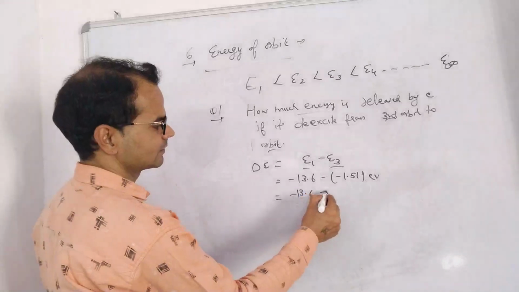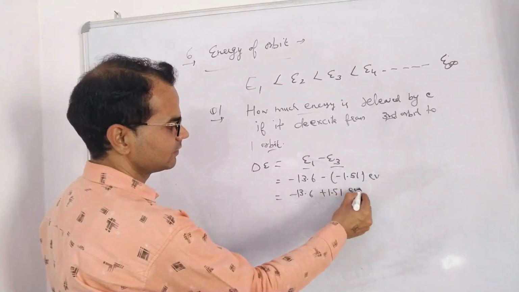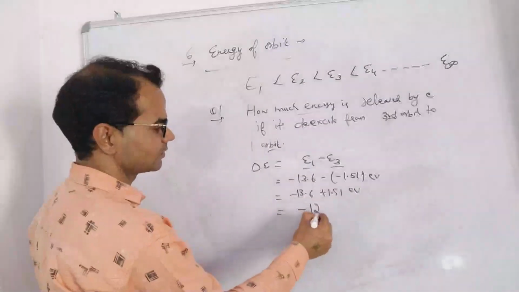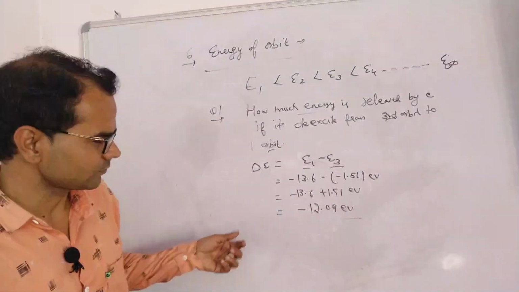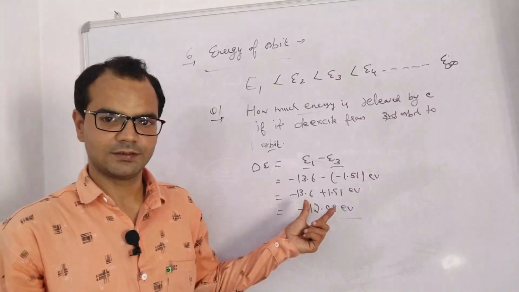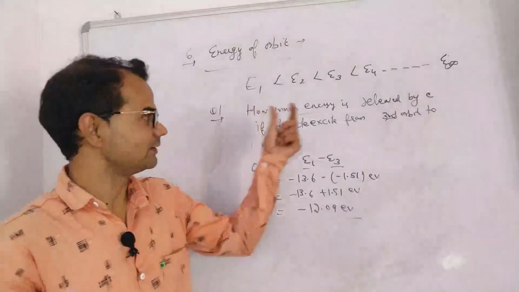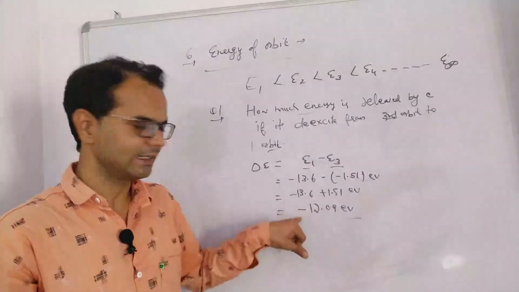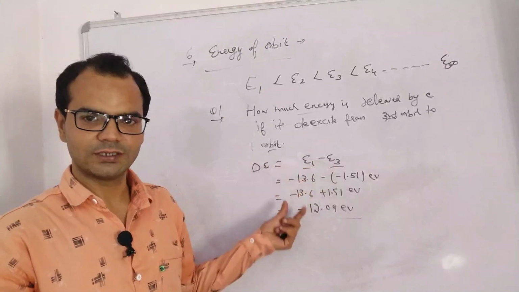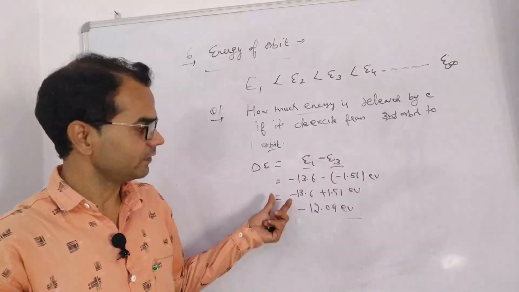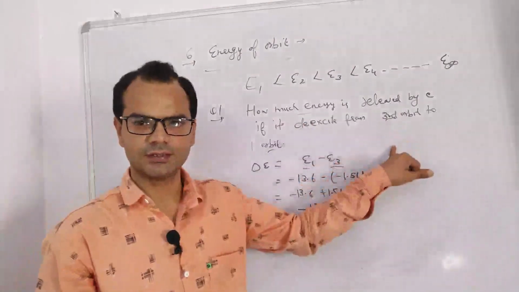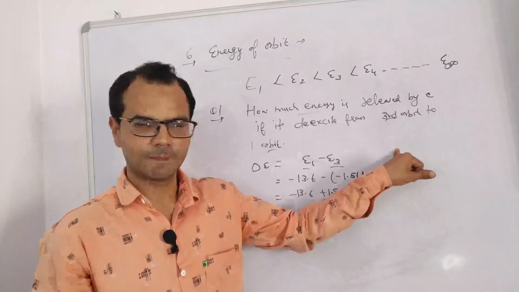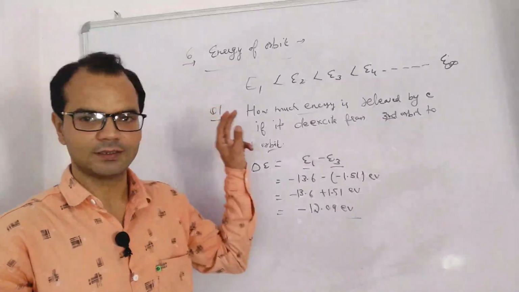Minus 13.6 plus 1.51, the answer is minus 12.09 electron volt. So if an electron de-excites, it releases energy. The negative sign indicates that it is going to release energy, and if the value is positive, then the electron will jump from first to third. Easy? That is the Bohr model conclusion.